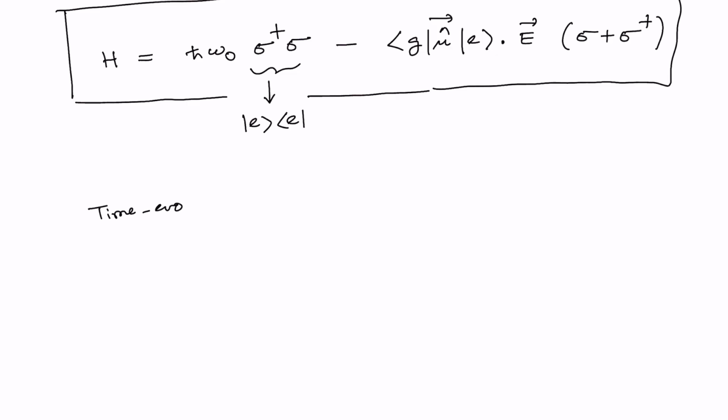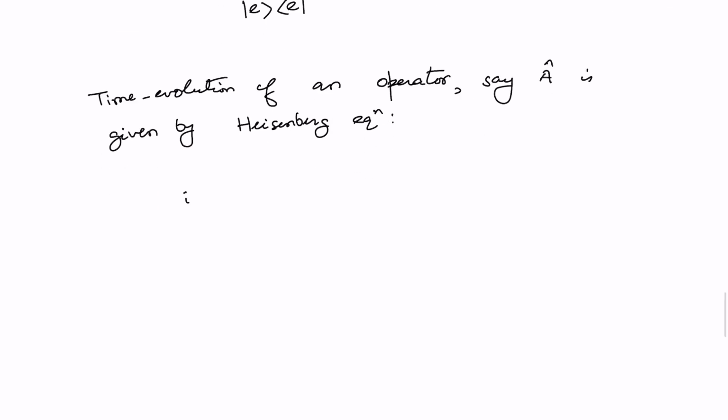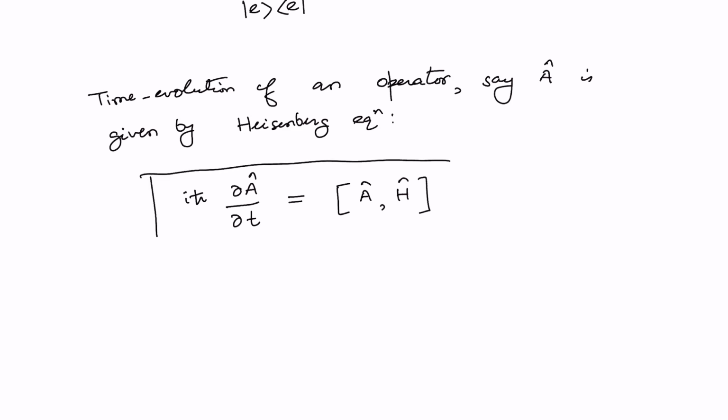The time evolution of an operator, say A, is given by the Heisenberg equation: iħ ∂A/∂t equals the commutator between the operator and the Hamiltonian of the system.